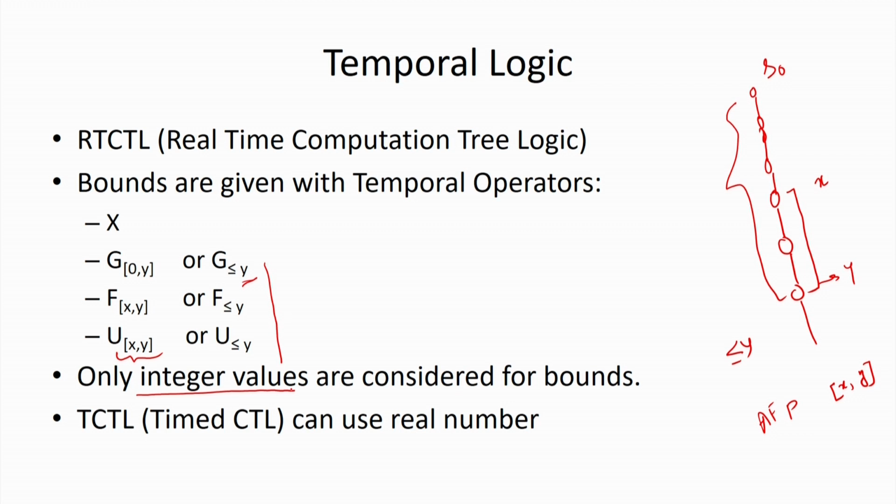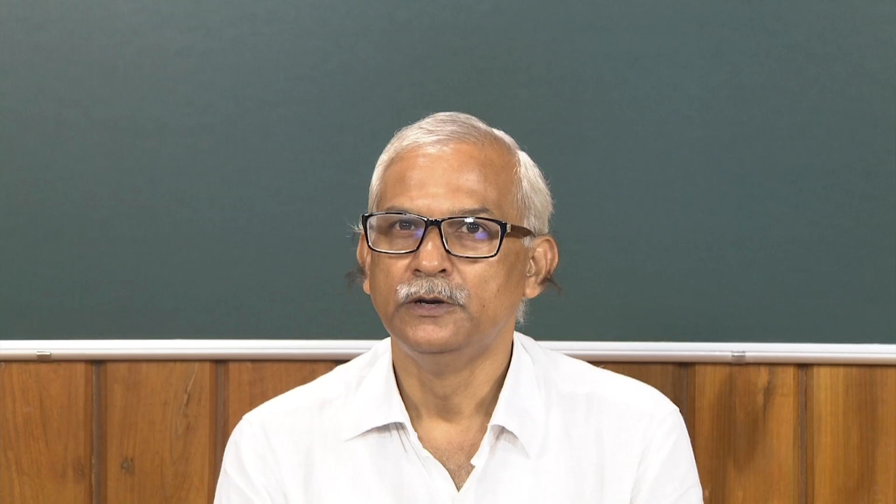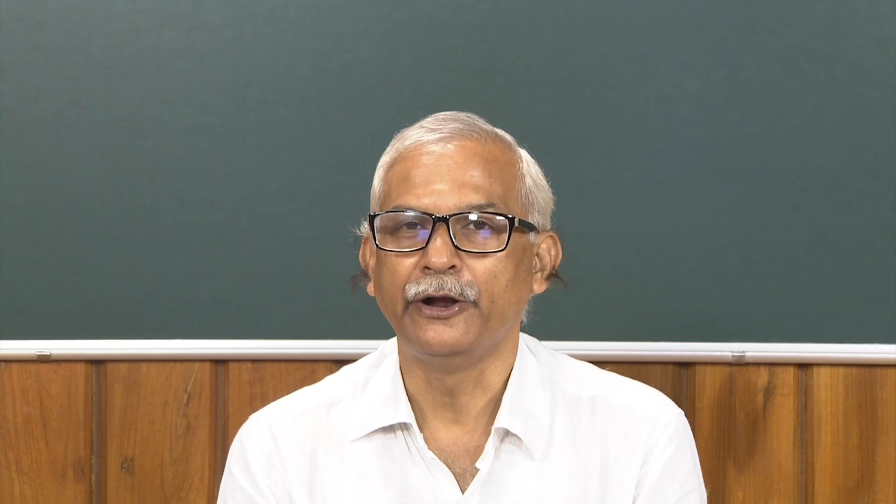Maybe we can say that within a time period, time stamp 3.3 and 5, or maybe within 10 time units. So, it can take integer values only, but now people are looking to handle real time also.